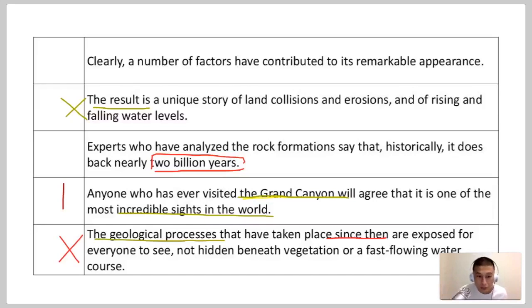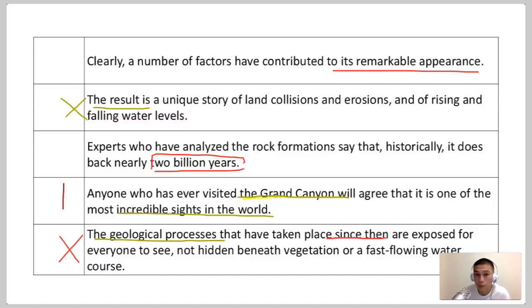So if you look at these 2 sentences, let me change the color. I can't change it back. I'll just leave it as red. What does this mean? It refers directly back to incredible sights. Remarkable appearance is basically the same word as incredible sights.